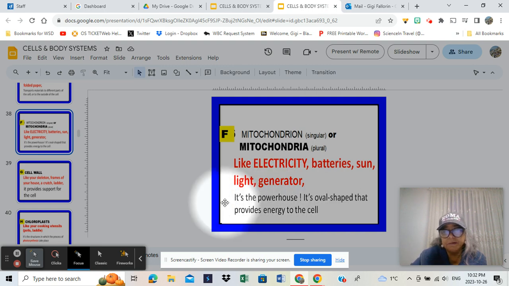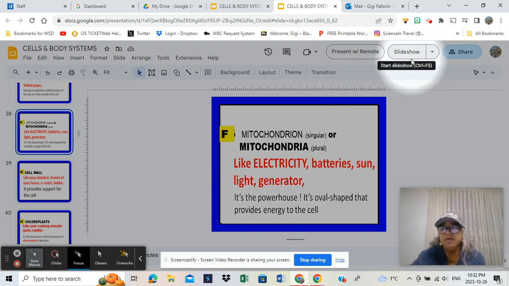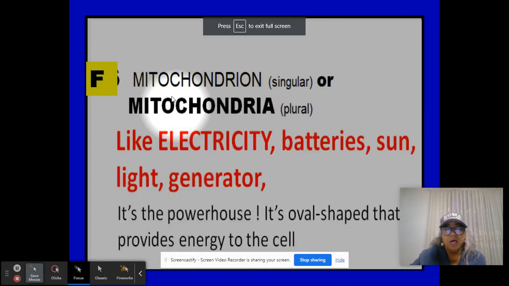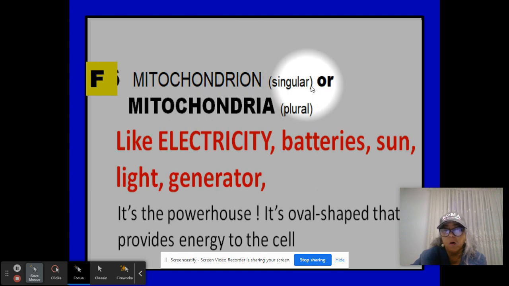The mitochondria. A little bit of ELA here, or English. If it is just one, singular, we say mitochondrion, or plural, mitochondria. So what does it do? Or how can we compare it? It says here it's like electricity or a set of batteries, the sun, light, or a generator.